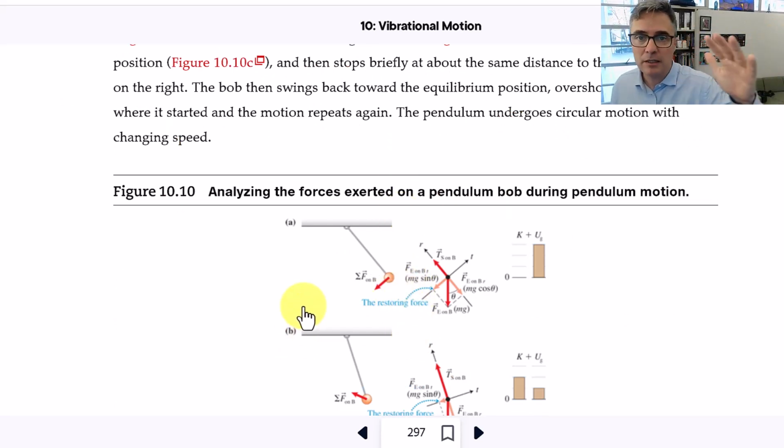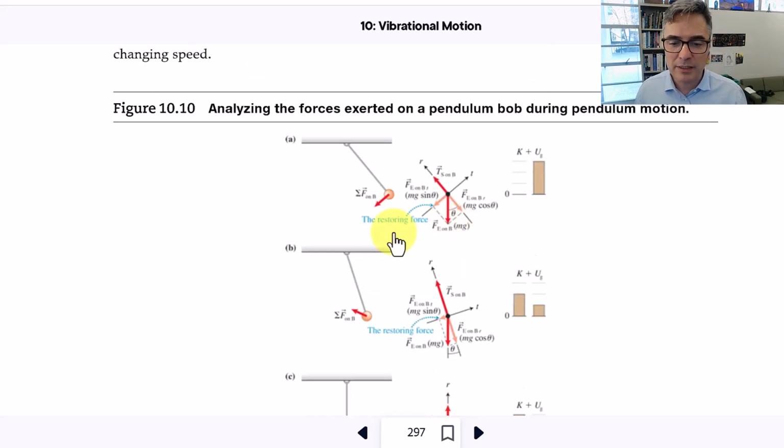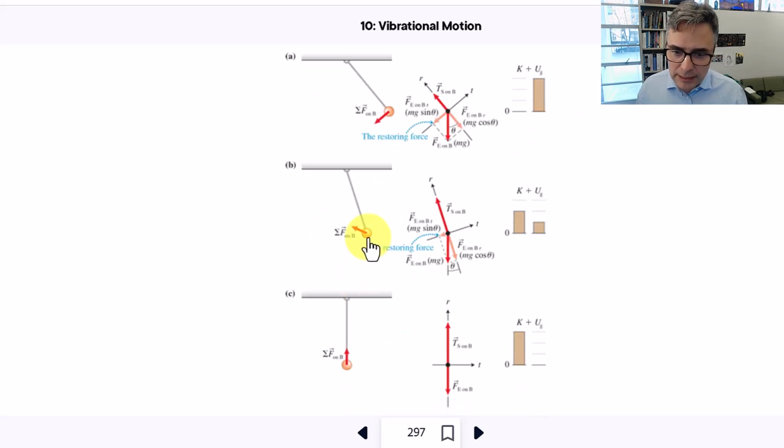It's actually circular motion. But if you just release the object not far from its bottom, then if you displace it a little bit away from its equilibrium, it wants to go back to the equilibrium. So that's a little bit like a restoring force.